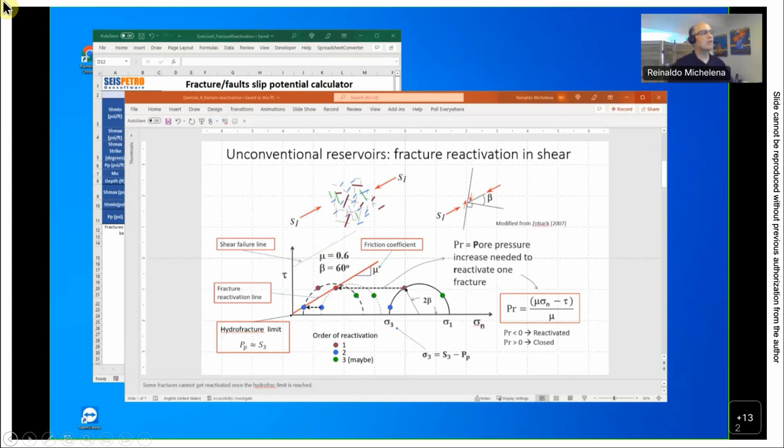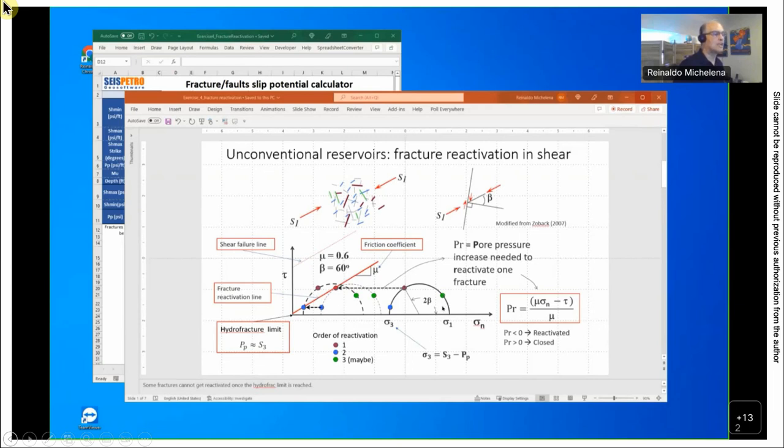Okay, so then remember an important parameter here is the pore pressure. The pore pressure will tell you where the center of the Mohr circle is, so that if you have fractures that are closed, meaning that they are below the friction line, they will plot in this area.